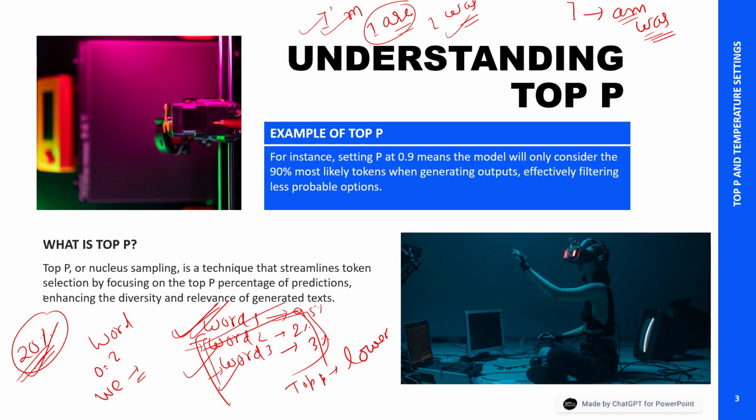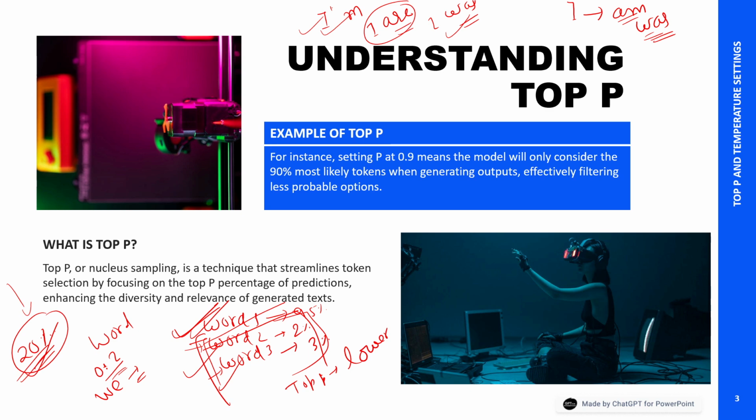And if you have set this top P to 20%, or the lower value 0.2, then it will be very specific and lean towards a certain output rather than being more random or more creative. It will be more specific while generating the output if you have taken 0.2 or a lower value for the P value, right?